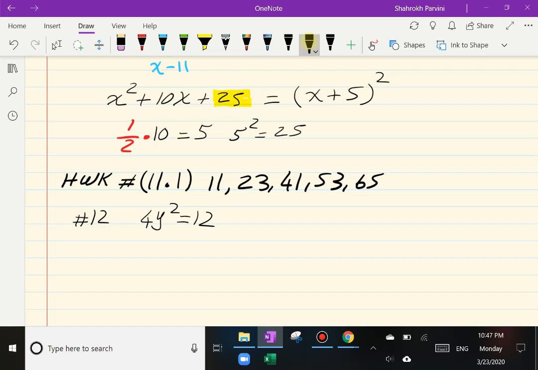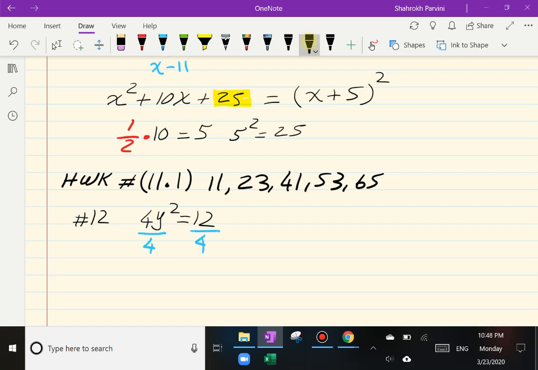Okay, now one thing we need to do before we can use the principle of the square roots: we want to make sure that the variable that appears in the squared form is isolated. That means it's by itself. No numbers multiplied by it. It's not divided by anything, and nothing is being added or subtracted from it. So that means I need to divide both sides of this by 4.